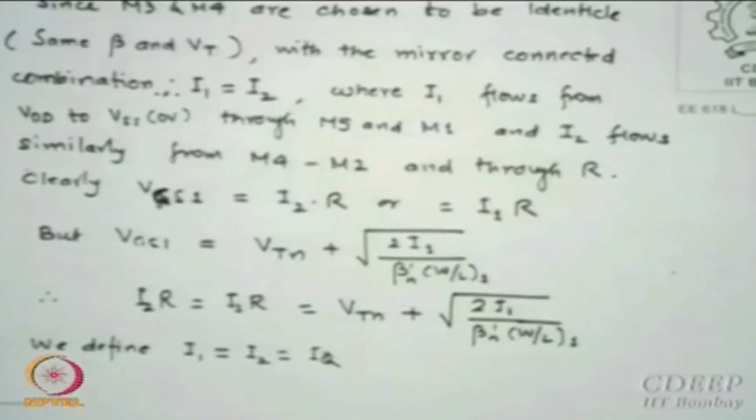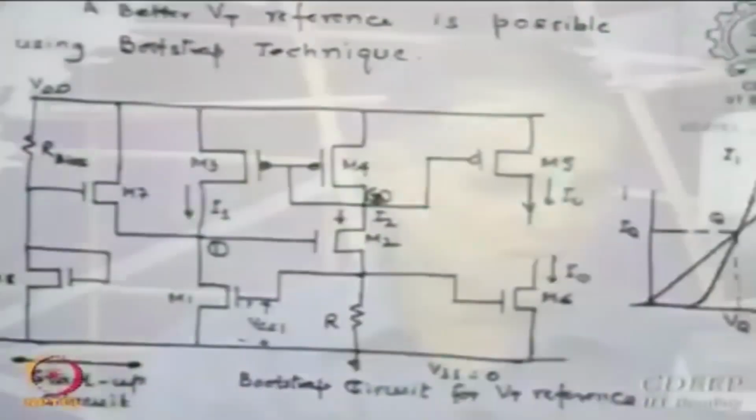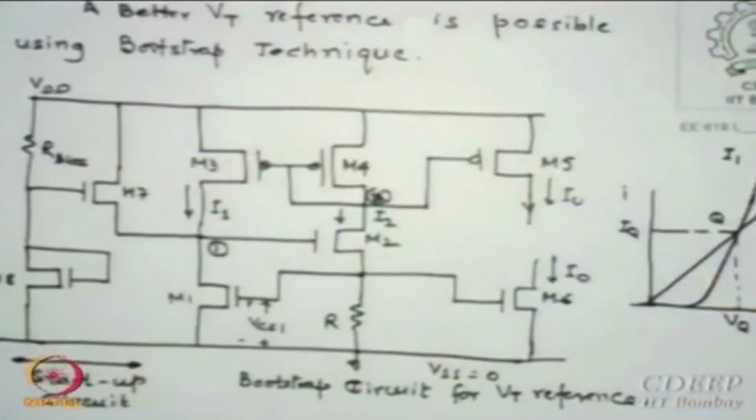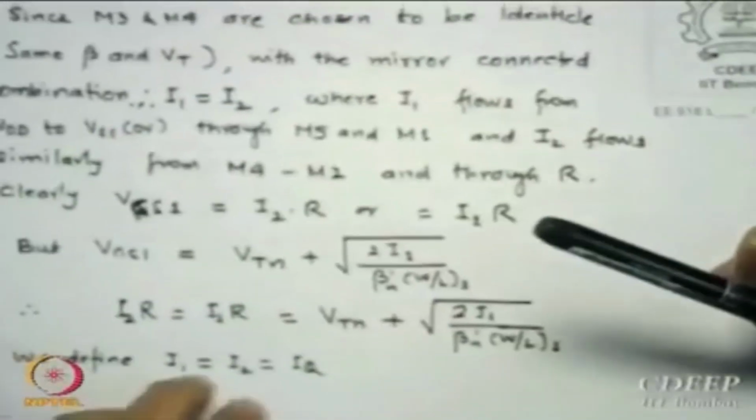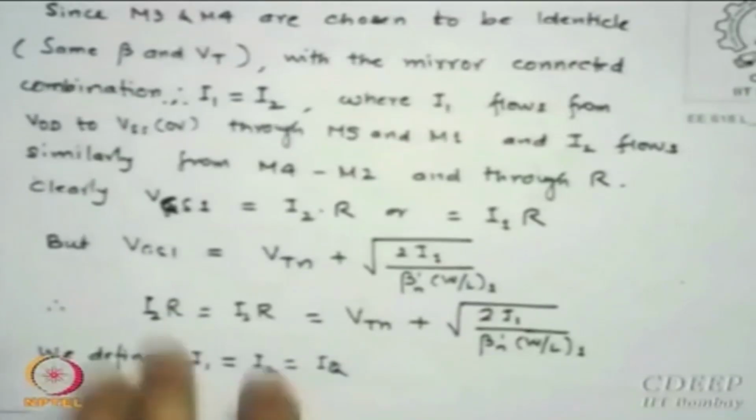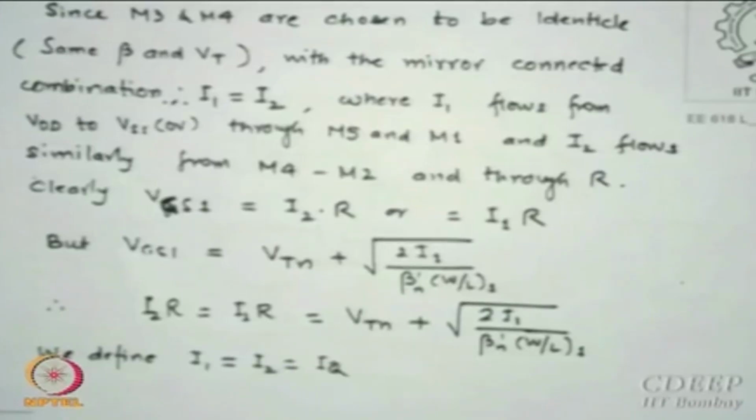Is that clear? VGS of 1 is the same as the IR drop across the resistance. I repeat for those who are not clear: the drop across this is the voltage here, so there is nothing serious done so far. So I got this expression that the IR drop is equal to VTN plus the square root of 2I upon beta n dash W by L. And once I get this expression, then I am going to write, figure it out.